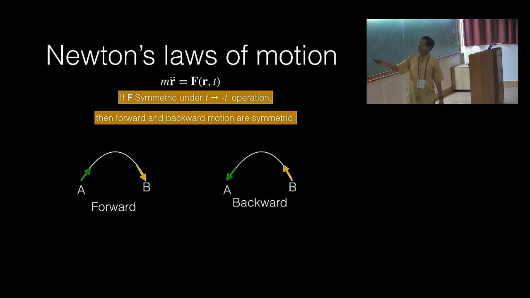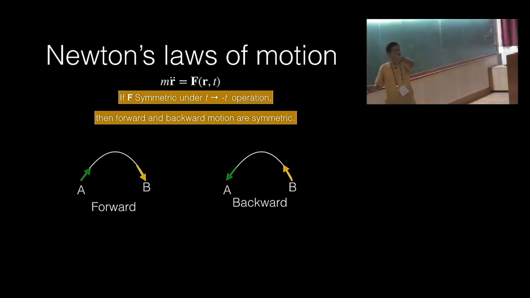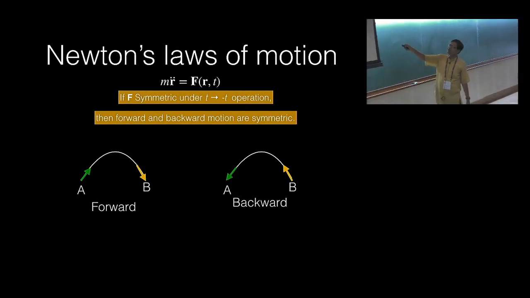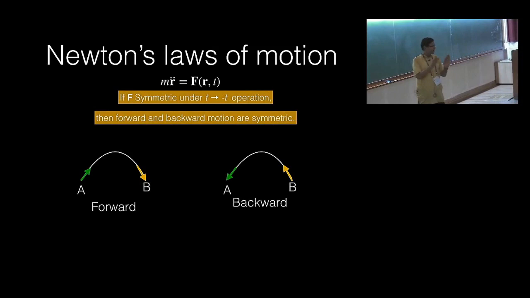But if I take a movie of the first one and then play the movie backward, the movie played backward is the same as what happens when the particle is shot from B and reaches A. So you cannot differentiate between the reversed movie and the backward motion here. So forward time and backward time are both possible solutions, and that cannot be differentiated.